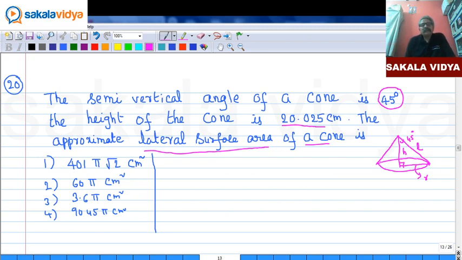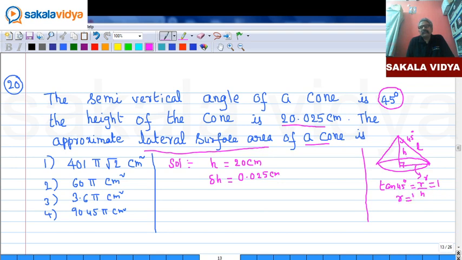Okay. So, here solution, take height h is equal to 20 centimeters, you take error delta h is equal to 0.025 centimeter, because exactly you take it as 20 centimeters. Now, here the relation is, in this right angle triangle, tan 45 is equal to r by h. Tan 45 is 1, so r is equal to h.